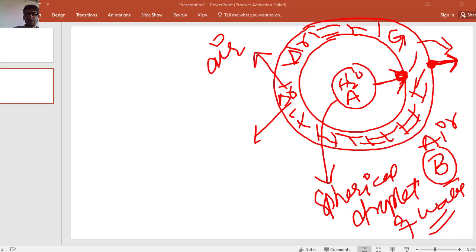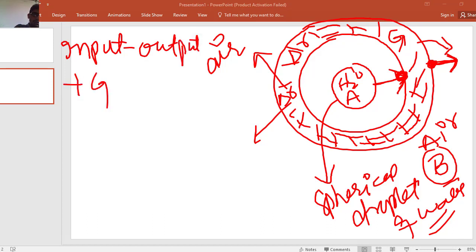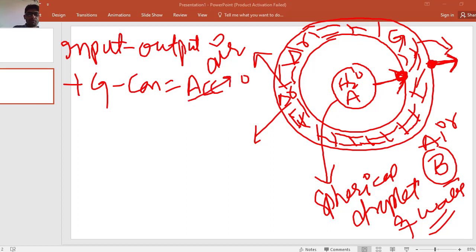So the general material balance equation is input minus output plus generation minus consumption is equal to accumulation. There is no accumulation of water in the surrounding stationary layer, so this term will be 0. It is a steady state process. There is no generation and no consumption.